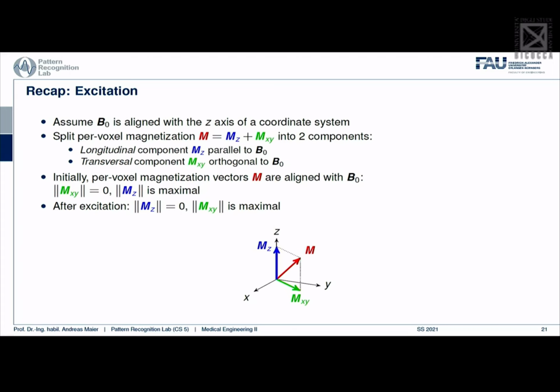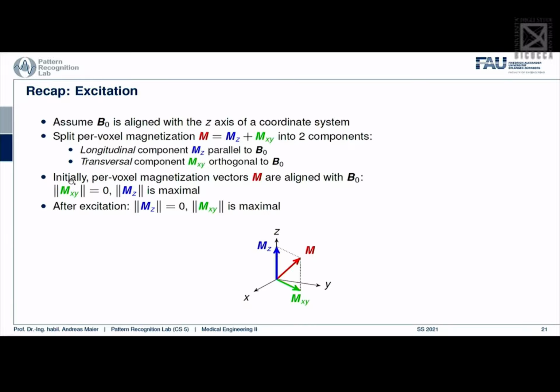Now, to recap, we assume that B0 is aligned with the z-axis of some coordinate system. We split the magnetization per voxel into components, one parallel to the main magnetic field and one perpendicular to that.